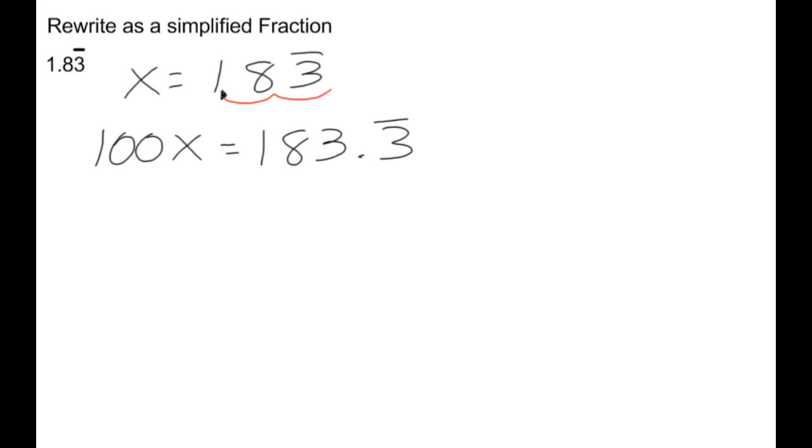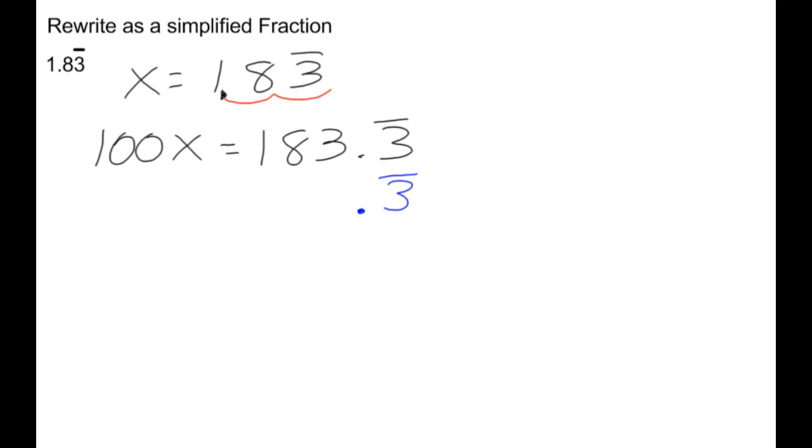183.3 repeating. Okay, now, the next step here, people always ask, well, Mr. Eltzville, why did we do it that way? I want to be able to subtract something here so that I am subtracting just the 0.3 repeating part.